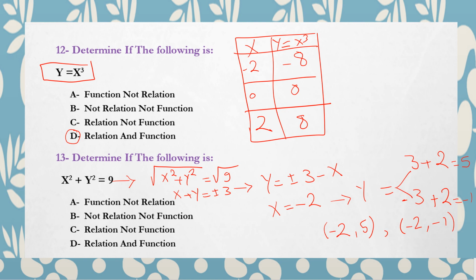And here the value of x, which is -2 in the domain, corresponds to two elements, which are 5 and -1. So this is not a function. This is a relation but not a function, because any value of x assumed would correspond to two values in y, or in the range. So the correct answer would be C. This is a relation but not a function.